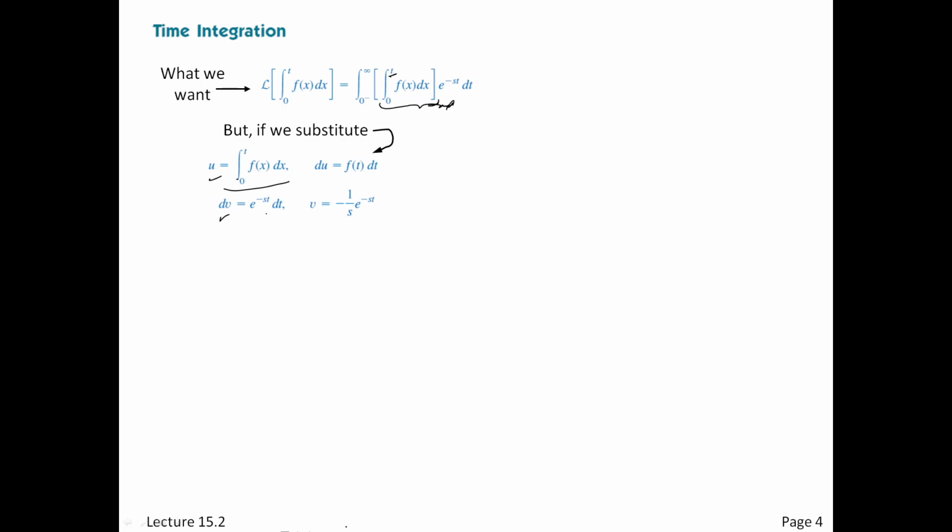So if this is my dv with respect to t, a likely candidate since it contains the other part of what we need, then v is -1 over s e to the minus st. I just integrate this thing.